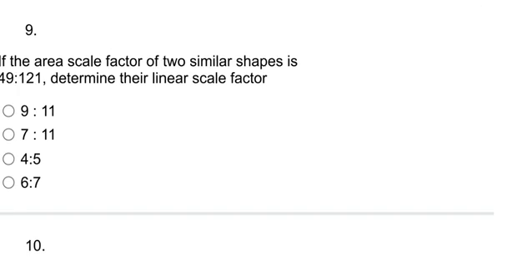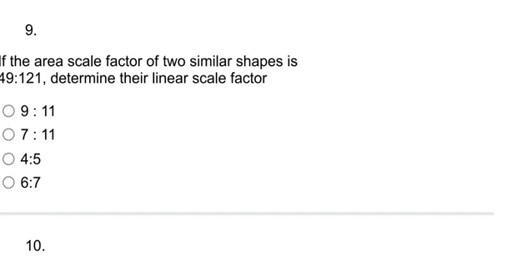Now, this number 9 is also under similar shapes. So, if the area scale factor of two similar shapes is this, determine the linear scale factor. So we're moving from area to linear. When you're moving from area to linear, you square root.